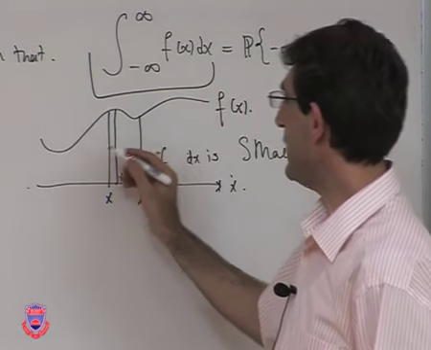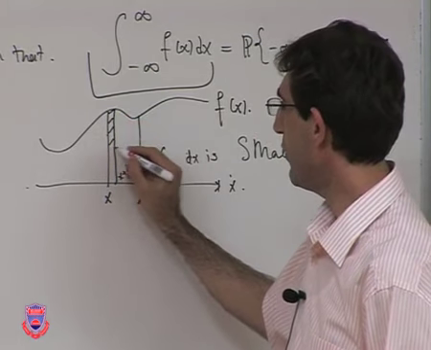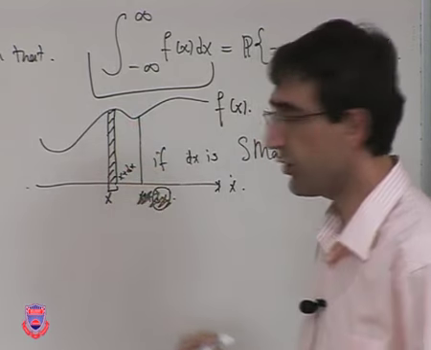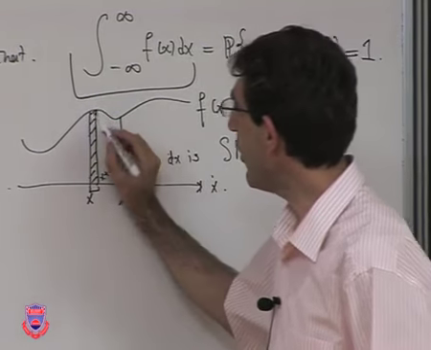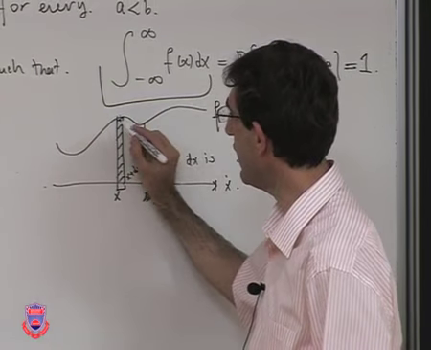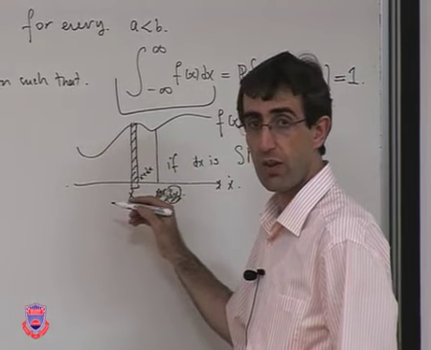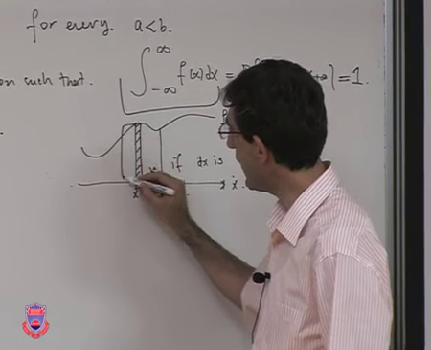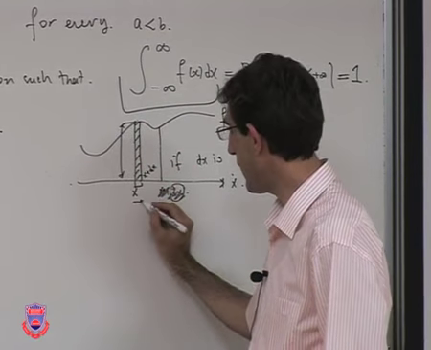So what is the area under the curve? If the width is very small, this now looks like just a rectangle, and to calculate the area of a rectangle, you just look at the height and multiply it with the width.